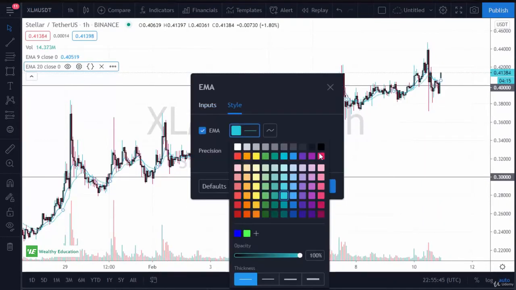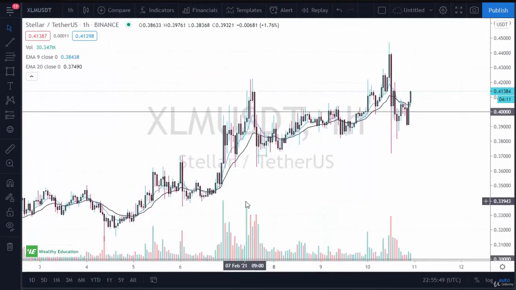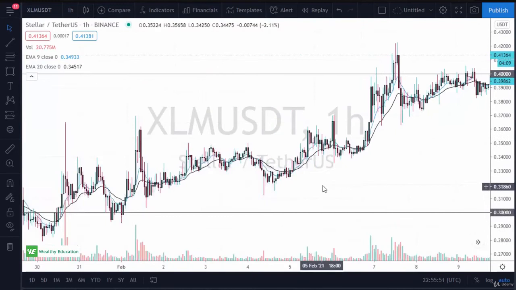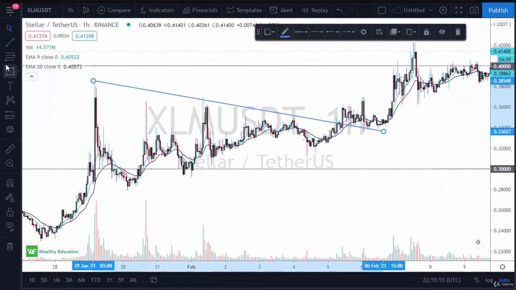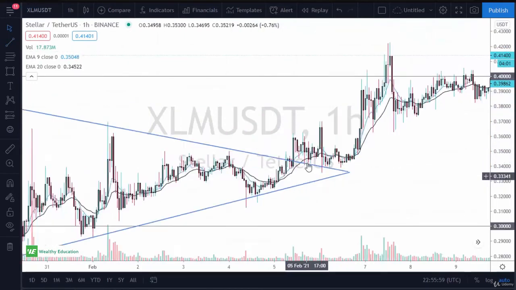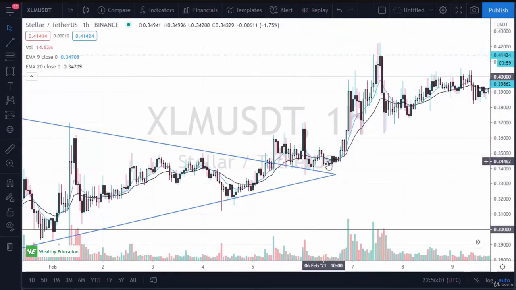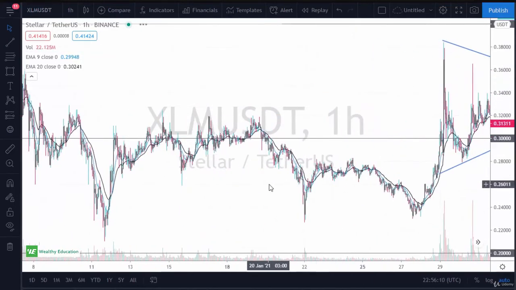Let's make this black. Okay, so yeah, looking at this triangle, you did have the moving averages kind of twist here and there, and then we opened back up on volume on a breakout. So you could have even taken your time getting in there.